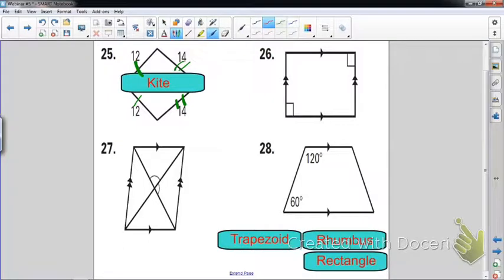26, we know that we have parallel sides, 90 degrees, okay? And we have another set of parallel lines to it, okay? So we have two sets of parallel lines. If we only had that piece of information, then we can say that they are going to be a parallelogram, right? But here we don't have a parallelogram.